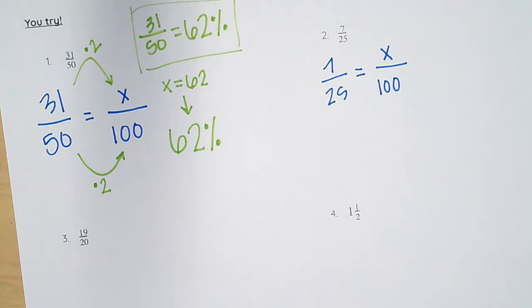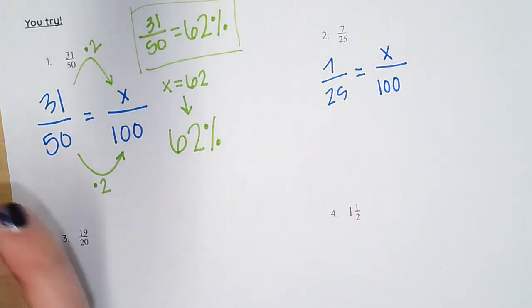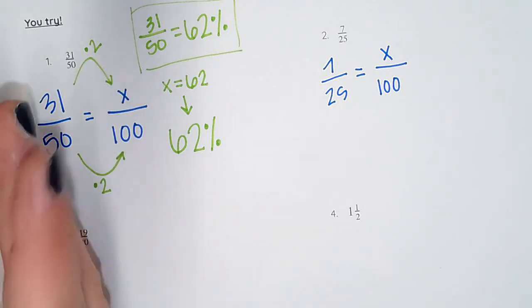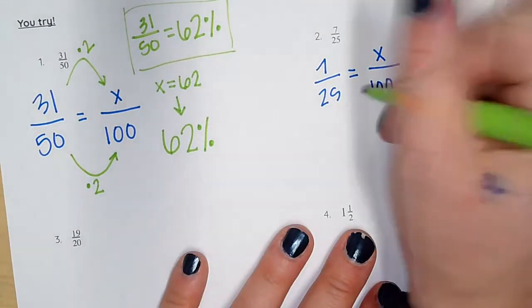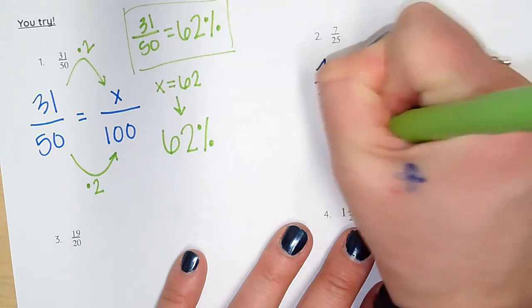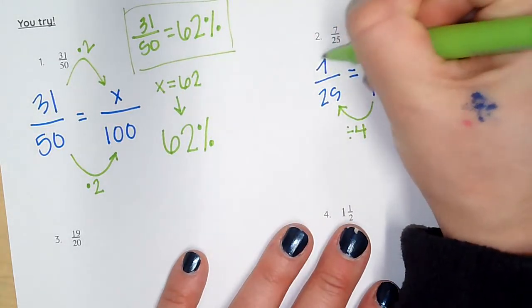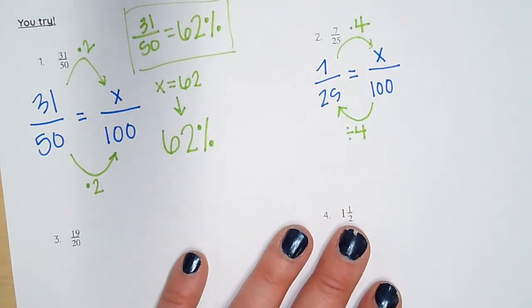But if I don't know what to multiply by, I can go ahead and divide 100 by 25. 100 divided by 25 will tell me 4. So for example, 100 divided by 4 gets me 25. Therefore, I have to multiply this by the same thing, if that makes sense.